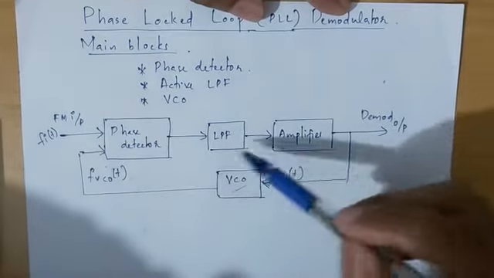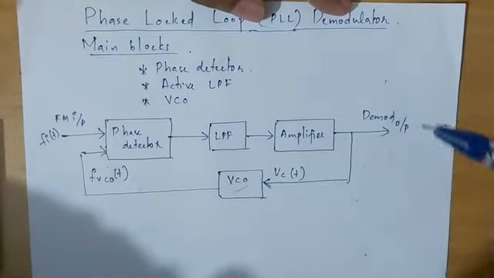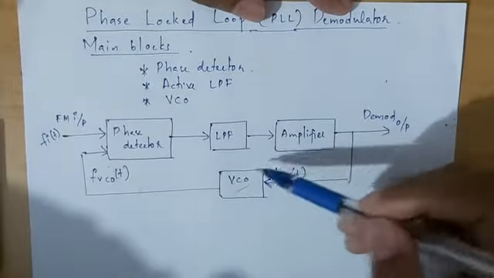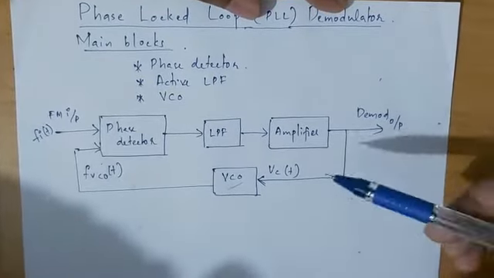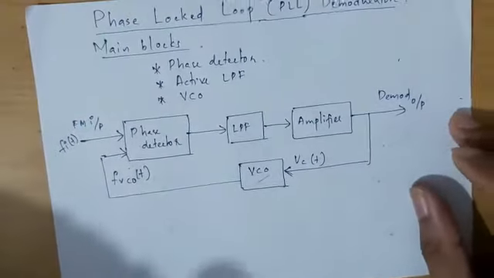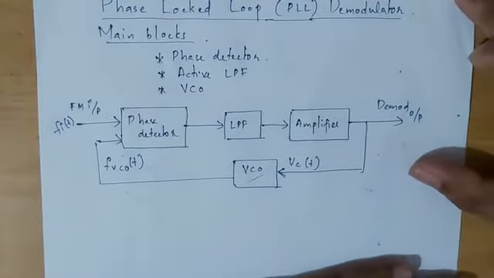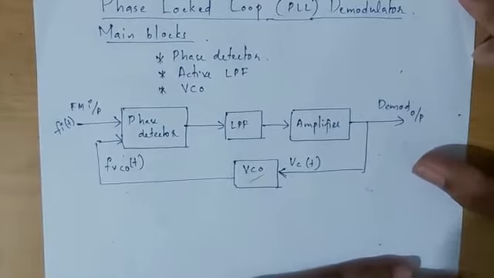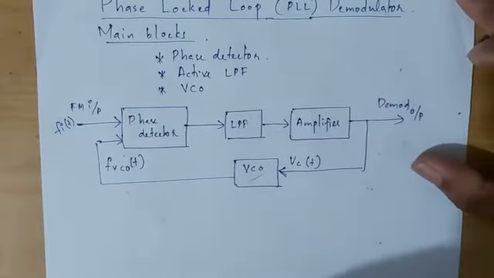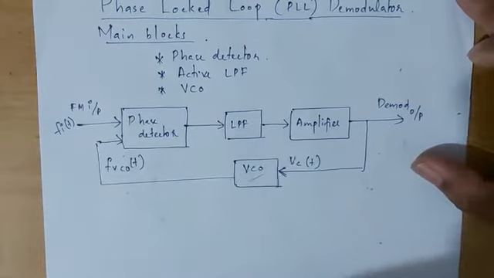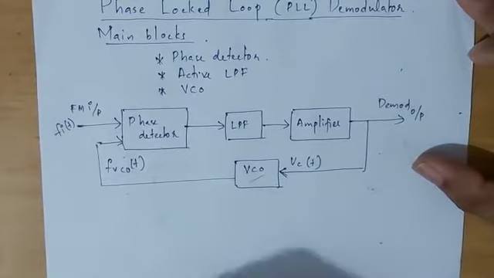That is the basic principle of the VCO: the incoming signal given as a control input to the voltage controlled oscillator will control the frequency deviation, that means the output of the VCO. The difference between the input signal and the VCO signal is known as the error signal, and this error signal is used to control the incoming signal.